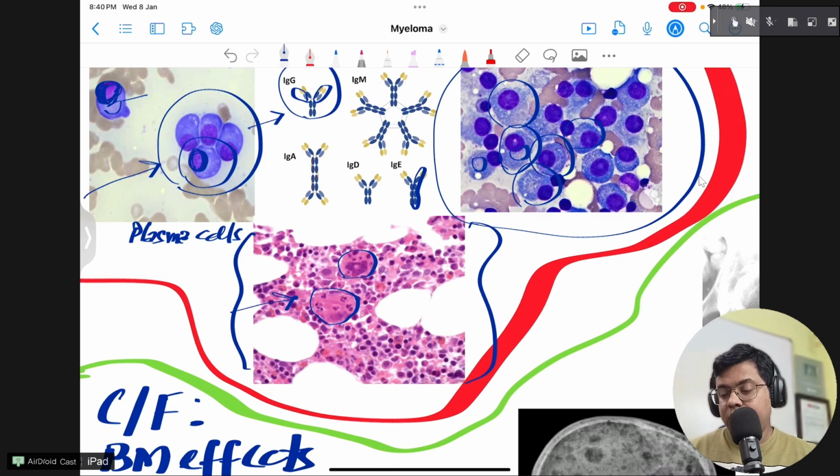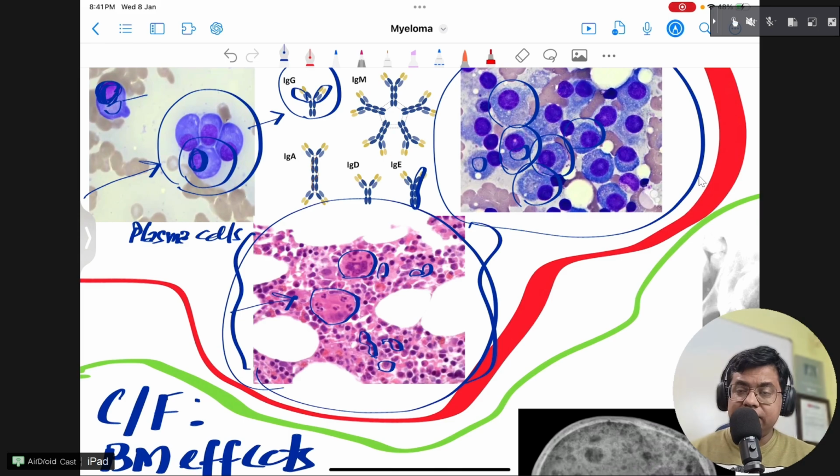And these small darker cells are basically red cell precursors or erythroid cells. And there are some intermediate cells like this one. They are myeloid precursor cells. They are concerned with production of the neutrophil, eosinophil, basophil, etc. So this is a normal bone marrow.